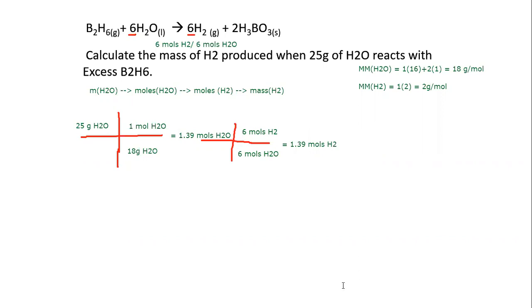And the last step is to find the mass of H2. And we're going to use the molar mass. So we've got to multiply the moles by the molar mass to get mass. So 1 mole of H2 is 2 grams of H2.